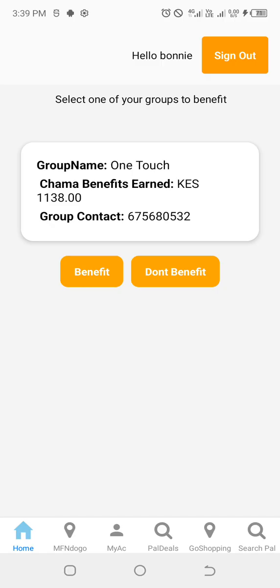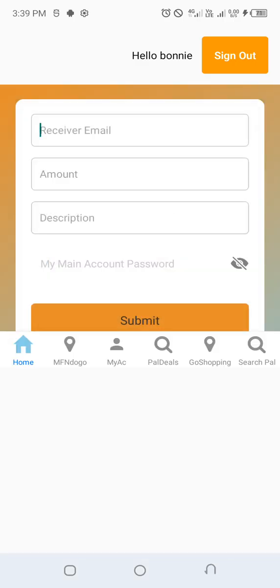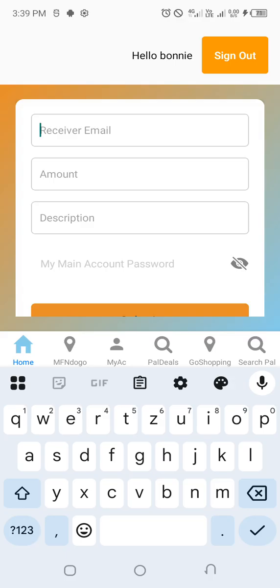Let us say don't benefit the group, because if we don't benefit, what would have gone to my group as my periodic subscription will now be taken to my secured benefits that we've just seen. So let's not benefit, and let's send to one person here. Any person.